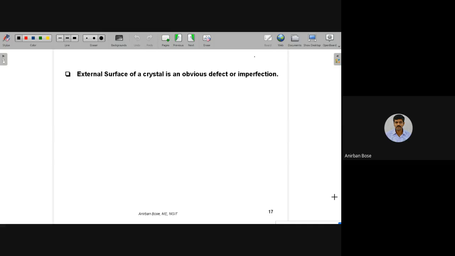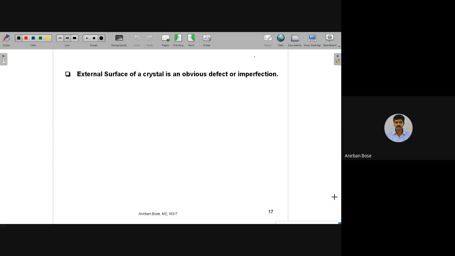If you see different metallic materials, they have a certain specific finite size. So if you look at the size, you can see there is an upper surface, a surface of the body.